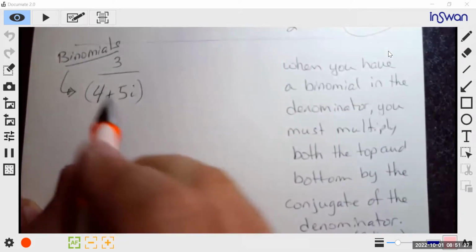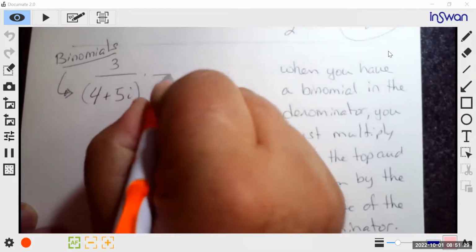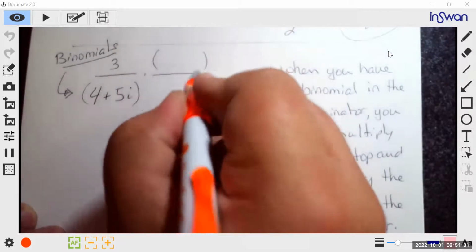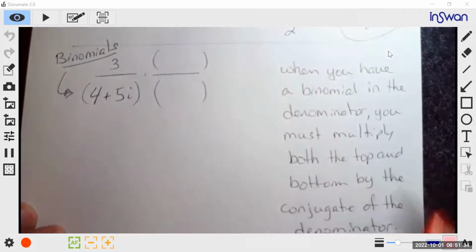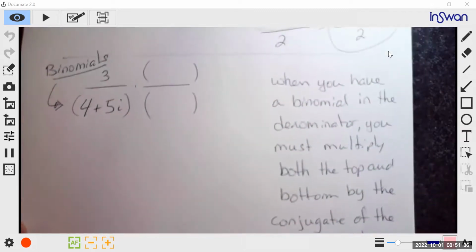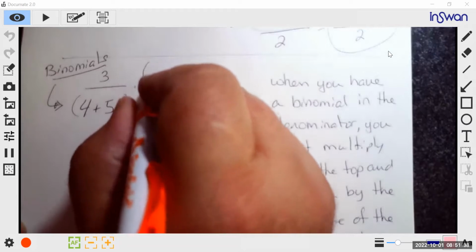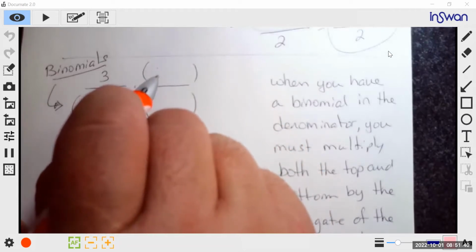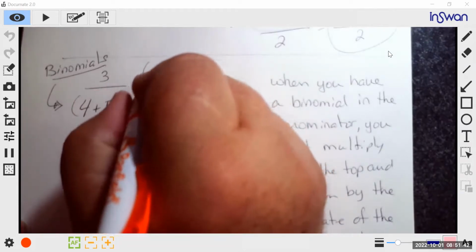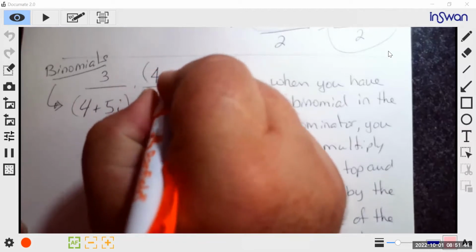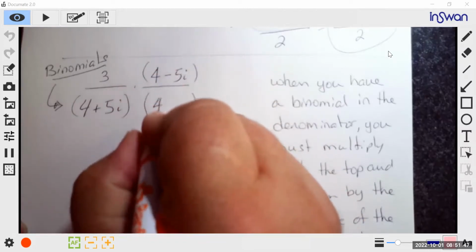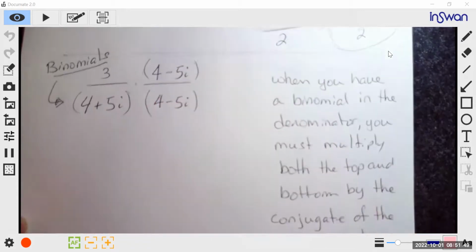See what this means. So the conjugate here would be what? With what I just wrote here. No, what did I tell you to do in front of the I term? Yeah. 4 minus 5i.